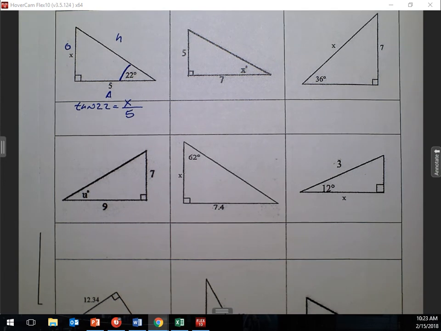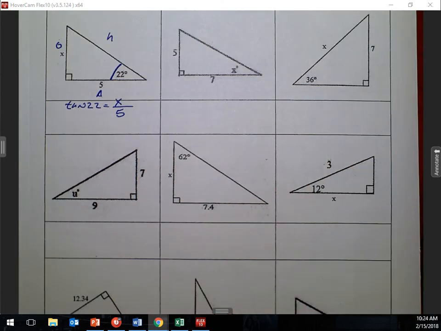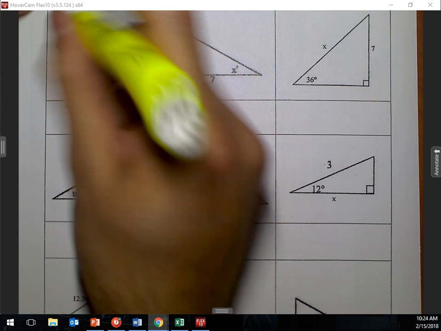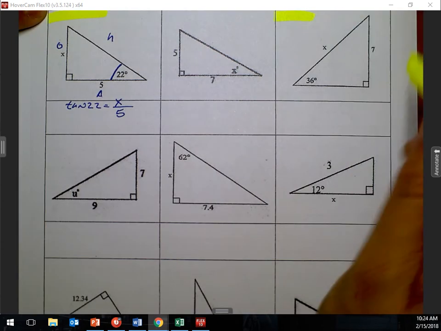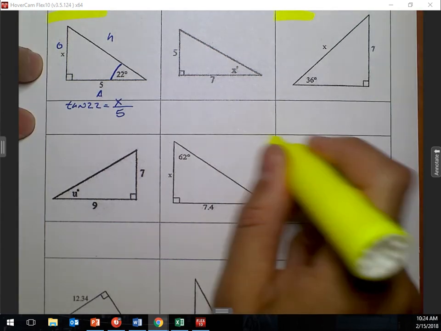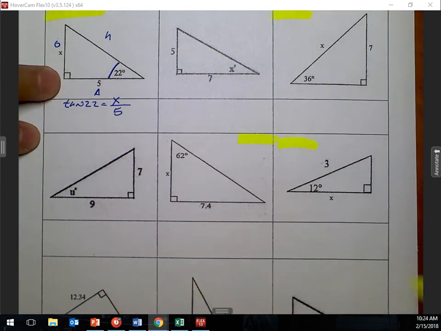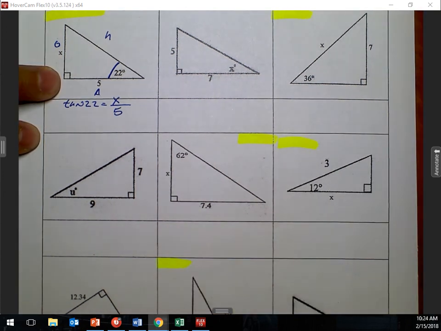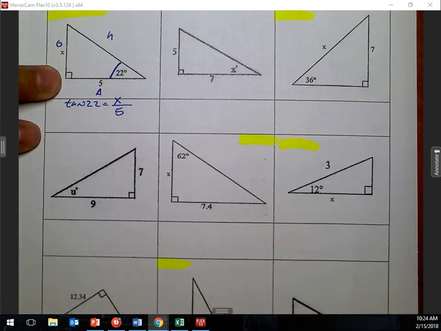Make sense? Okay. So what you guys are doing today for your practice is going to be this one here, this one, this one, this one, this one, because tomorrow we're going to get into solving for the angles.